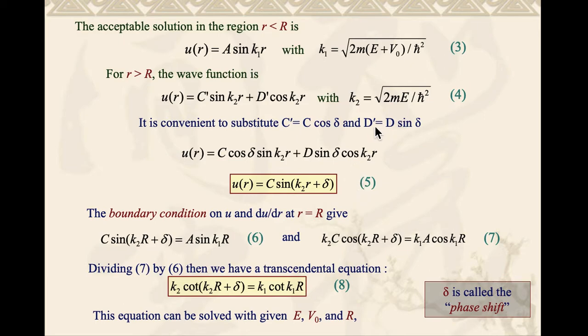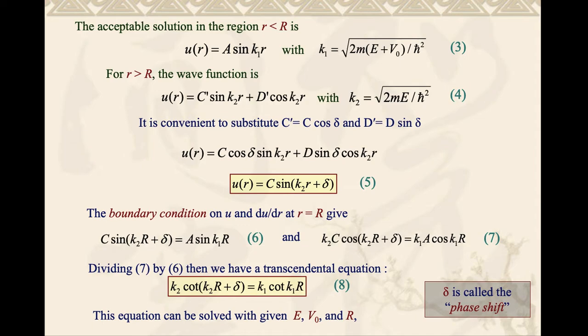So just note this. Here in place of this d, we have c. This is c and this is also c. So the boundary conditions on u and du by dr at r is equal to R. We have shown that it must be continuous. The wave function should be continuous, and when the wave function is continuous, u and its first derivative must be continuous along the boundary.